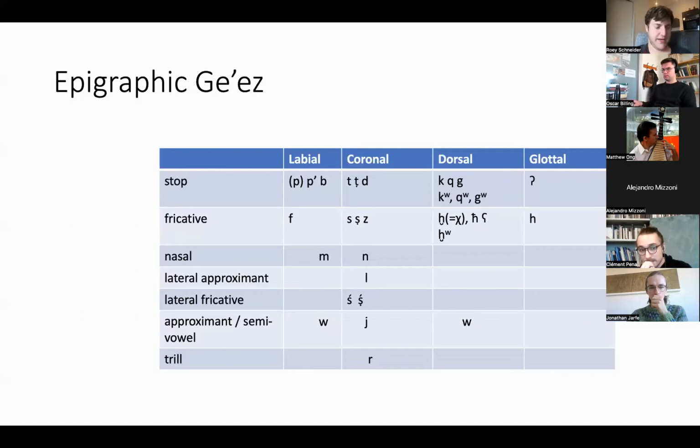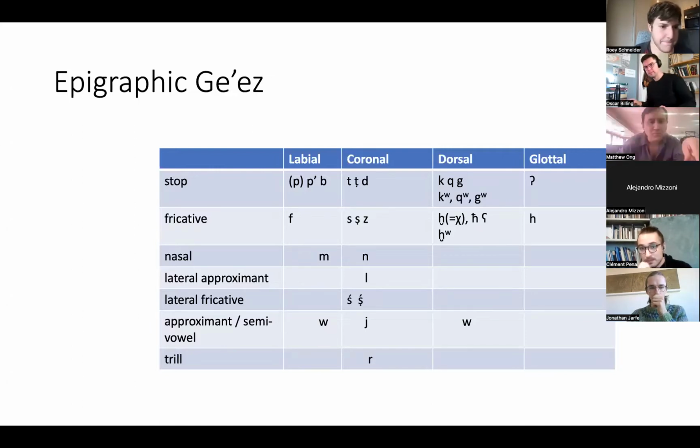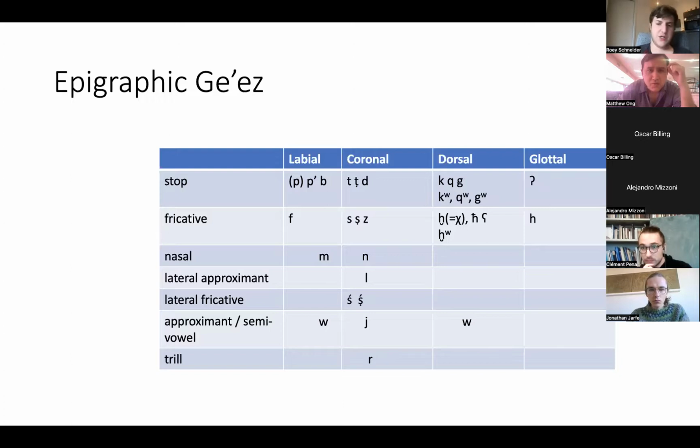Sorry, that was a little complicated. Yes, sorry? So the chi or the H rocker, that's supposed to be a pharyngeal fricative or a velar. Yeah, right, I will shortly.